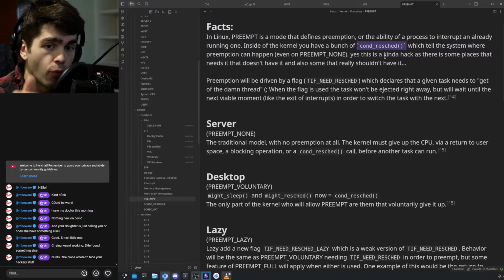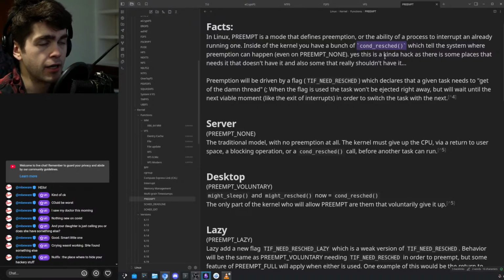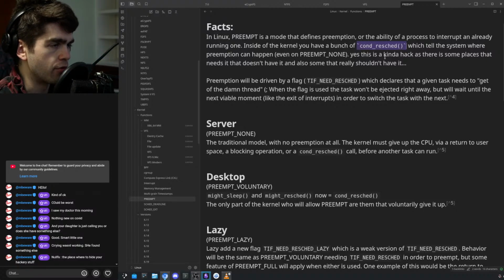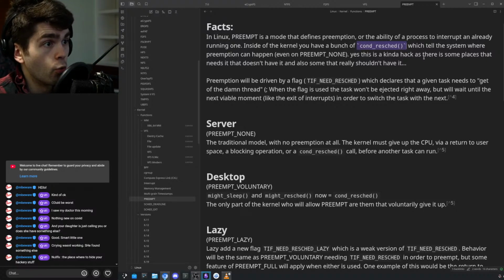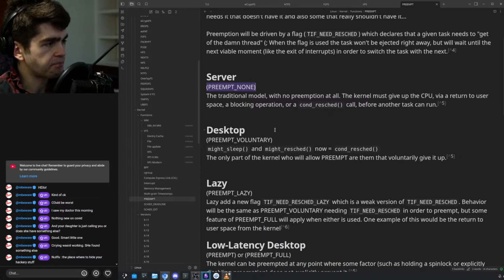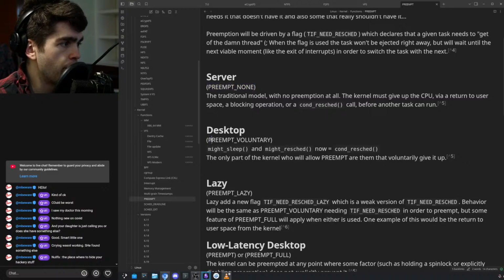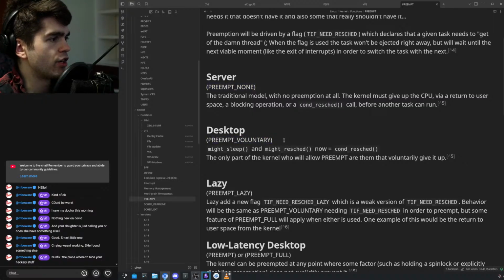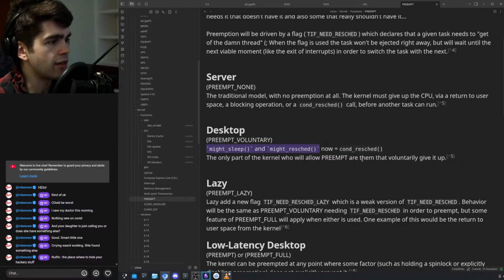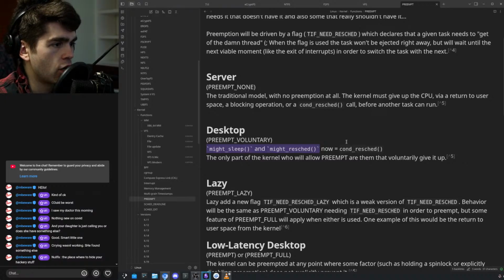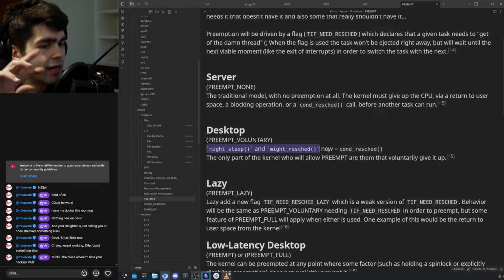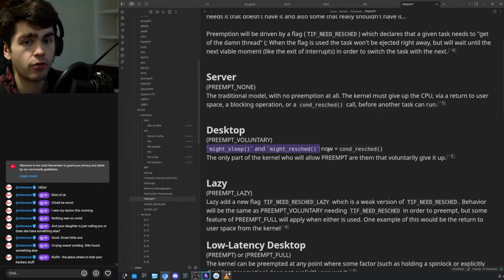So if you're supposed to wait a long time doing nothing, you're going to put that there in order to make something else run so that everything is smooth, and that will work even in preempt none. Now, one step further is preempt voluntary, which essentially adds those two calls that do the same thing as cond_resched. So now might_sleep and might_resched become cond_resched.